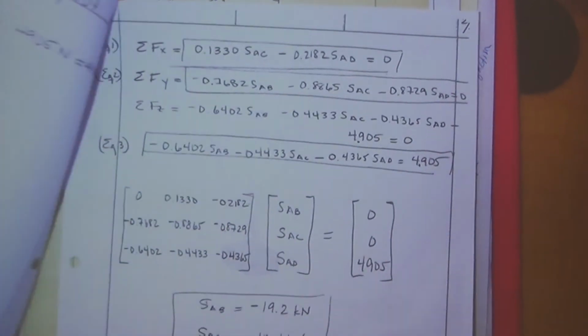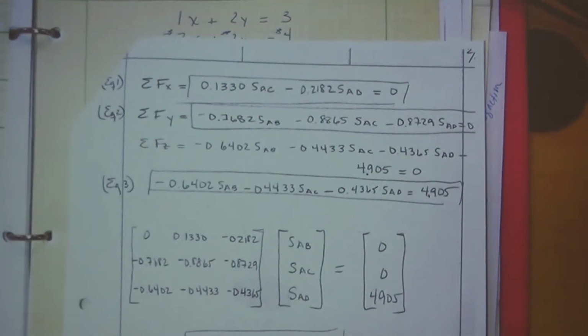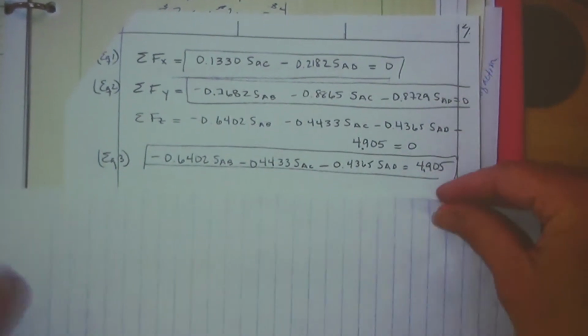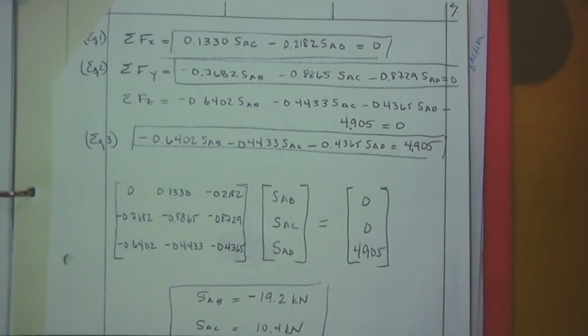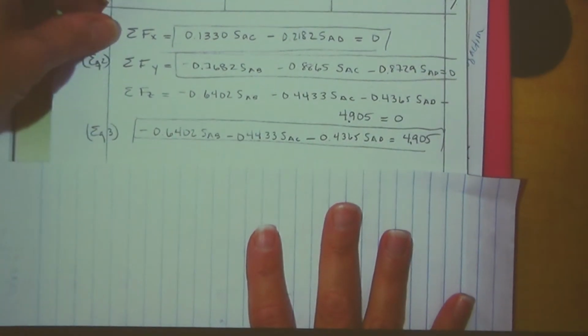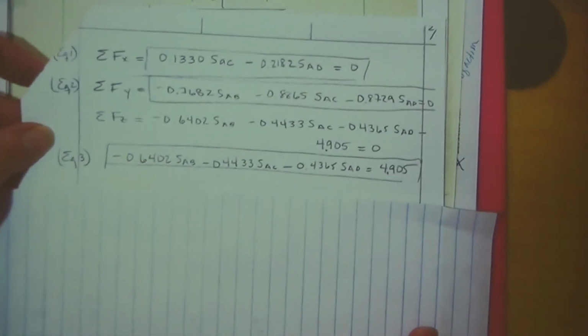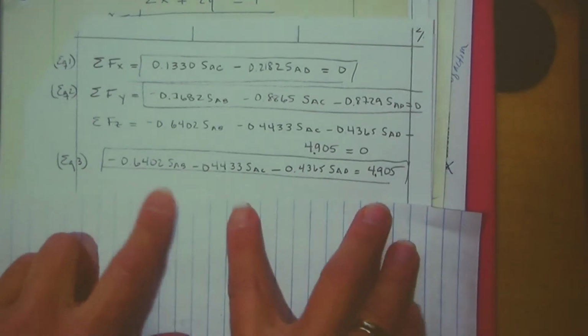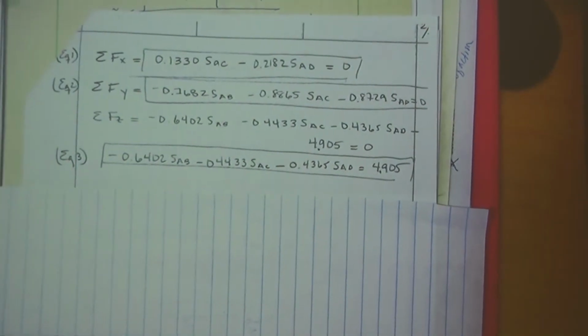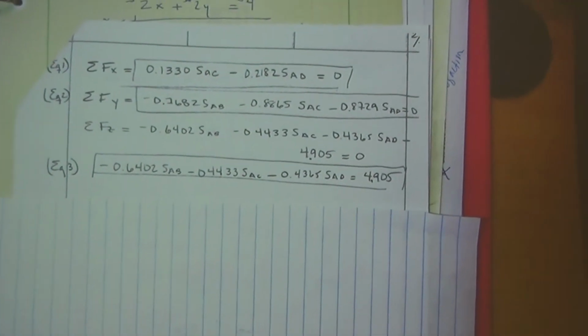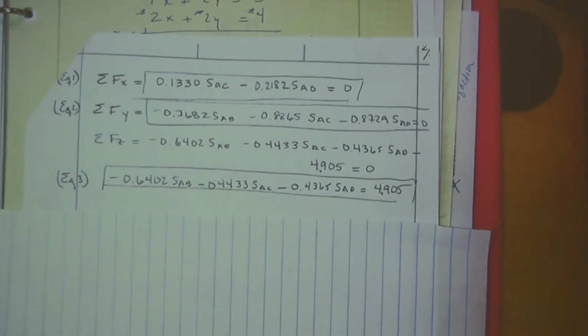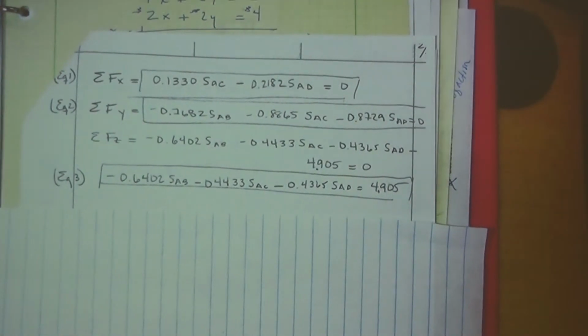And when we got our three equations, I have the solutions here, but see if you could do it without looking at my solution. So we had three equations, equation 1, 2, and 3. Take those equations and put them in matrix form.